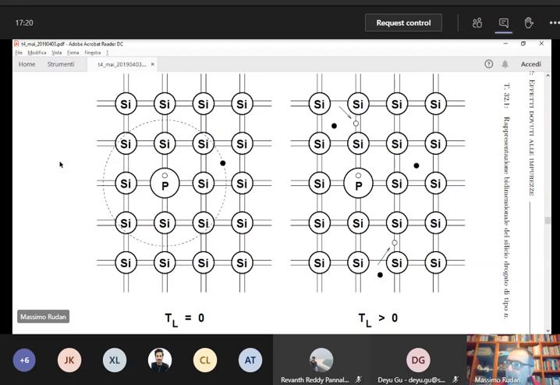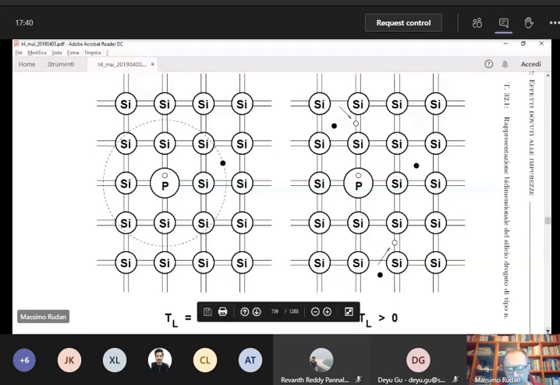Now, after examining the situation in a space diagram or figure like this one, visible on the screen, we can repeat the analysis using the energy diagram.